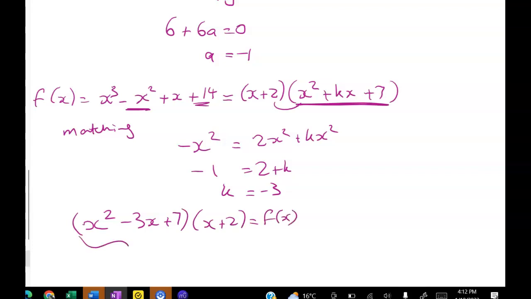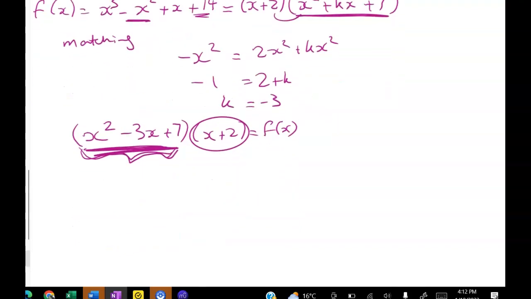So I don't need to go as far as finding the two complex factors here. I just need to show that there's only one real factor, right? And we know that that's the real factor. So we're going to show that this has got no real factors. For x squared minus 3x plus 7, we have b squared minus 4ac is equal to 9 minus 4 times 1 times 7, which is negative 19.